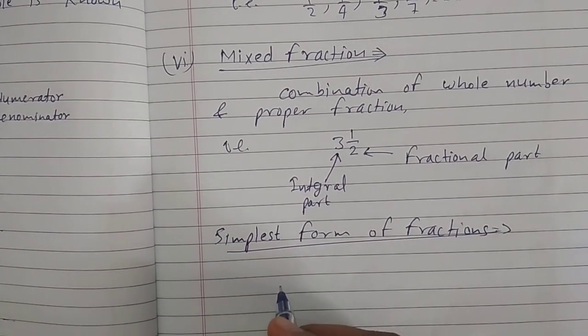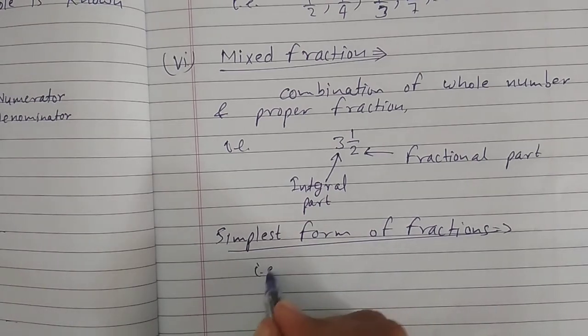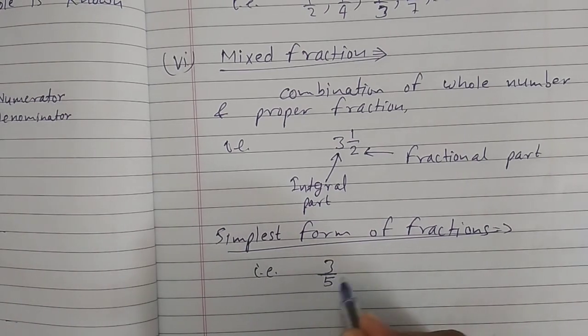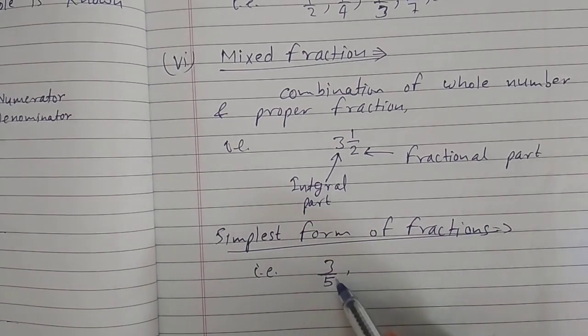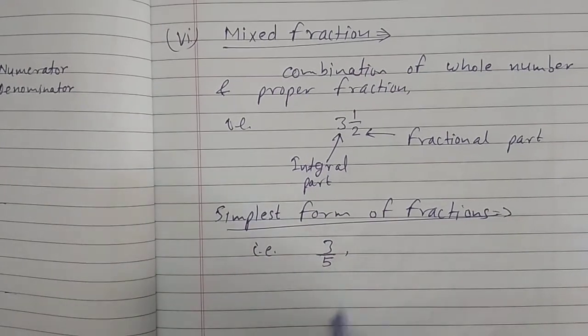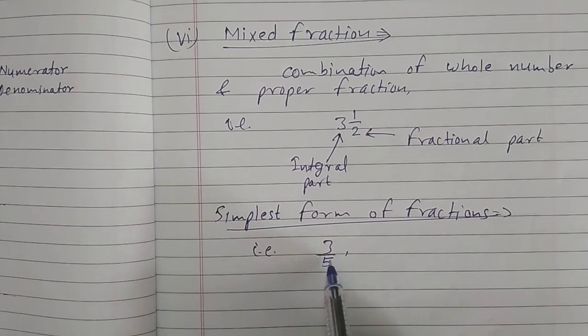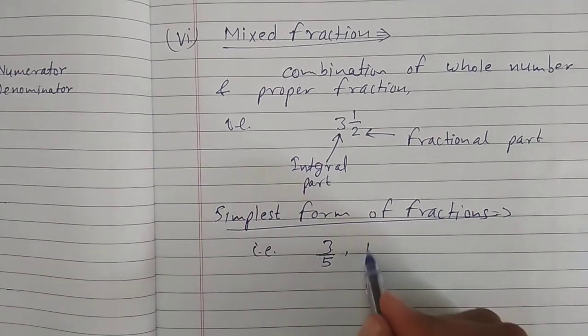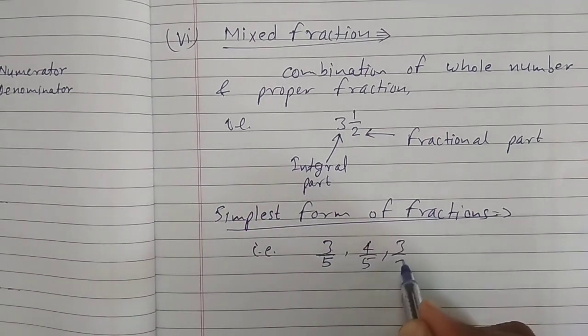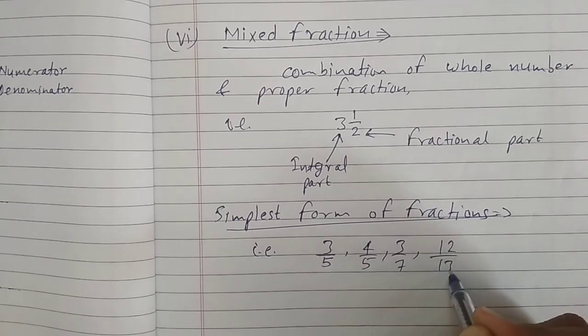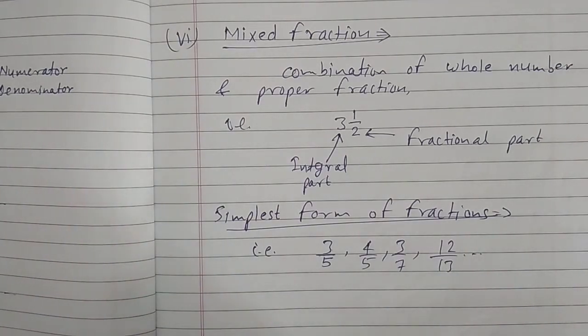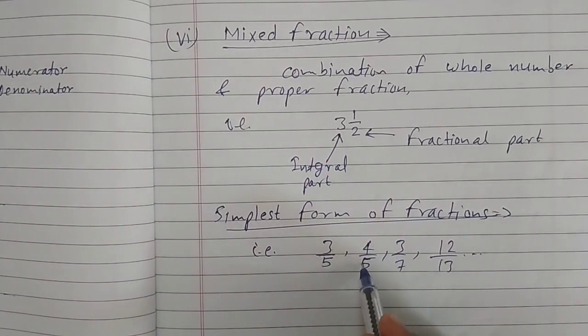We can see fractions just like 3 upon 5. Here, there is no common factor of 3 and 5 except 1. 3 upon 5, 4 upon 5, 3 upon 7, 12 upon 13, etc. The numerator and denominator cannot be cut by any table or number.